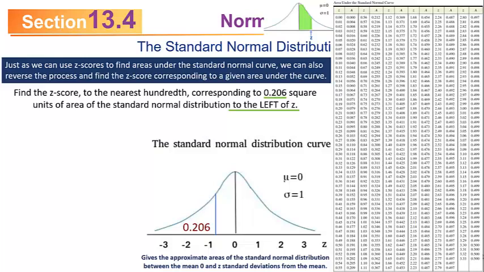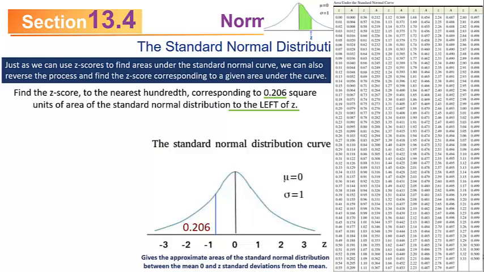So if you think about this, that's an area less than 1/2 at the left. So that has to be a negative z value because you have to get up to 0.5 to even get to 0. You'd have to be bigger than 0.5 in an area to get past 0. So this area being to the left of z is clearly a left tail, and it's going to produce a negative z value.